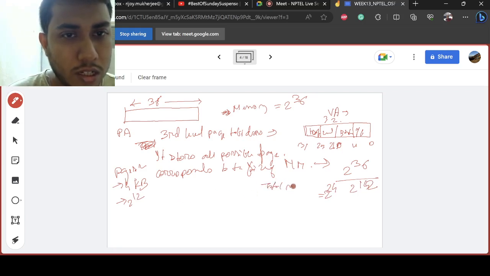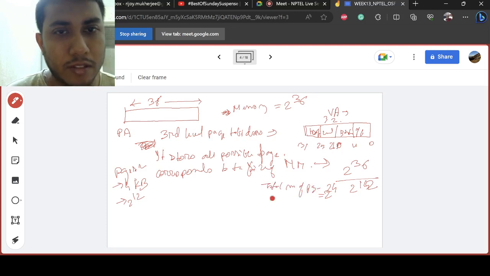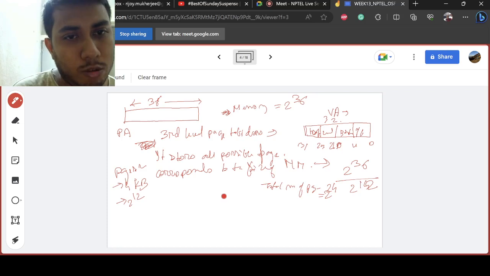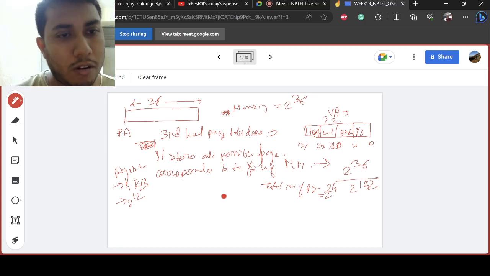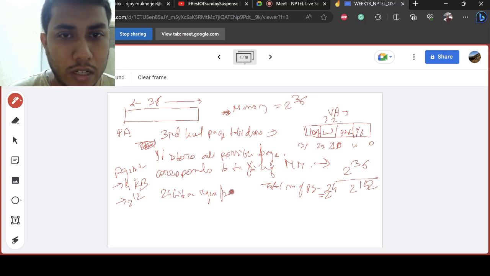So third level will always contain the address for all of them. So 24 bits are required for addressing the third level page table.